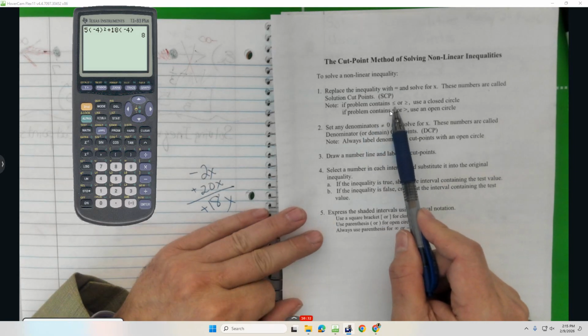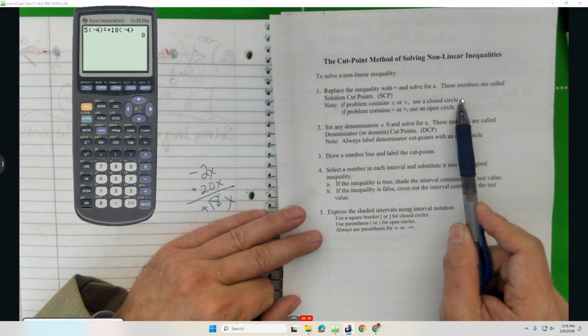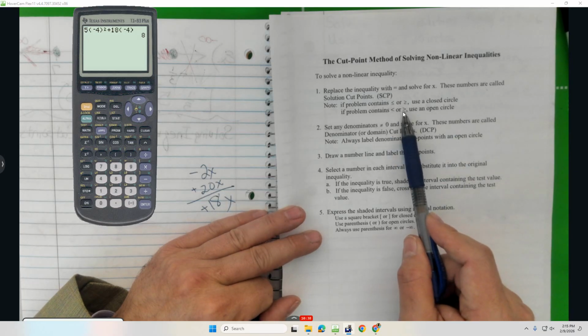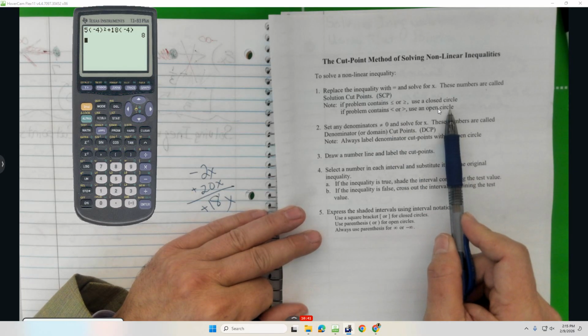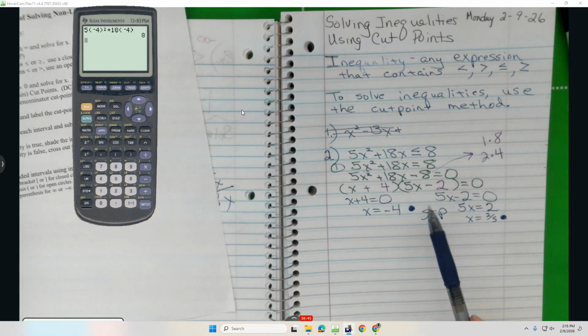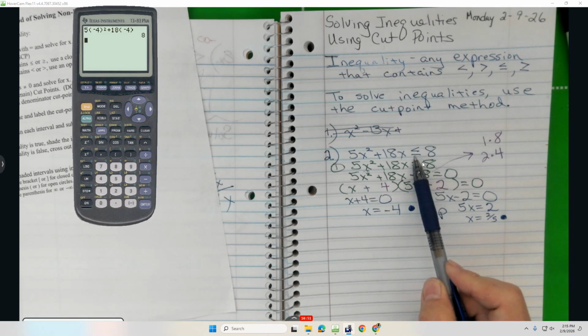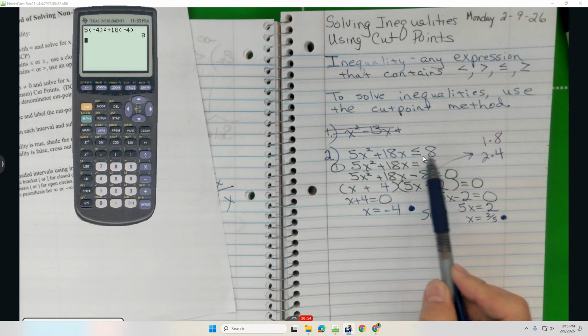If the problem contains a less than or equal to or a greater than or equal to, use a closed circle. If it had just been a less than or a greater than, we would have used an open circle. Why? Because for a closed circle, that means you're including the number. These numbers make it a true statement. 8 equals 8.